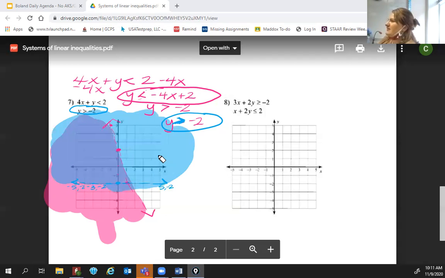Do you see where they overlap? What color do they overlap? Purple. What does the purple represent? The solutions, right? So let's talk about is 2 a solution?